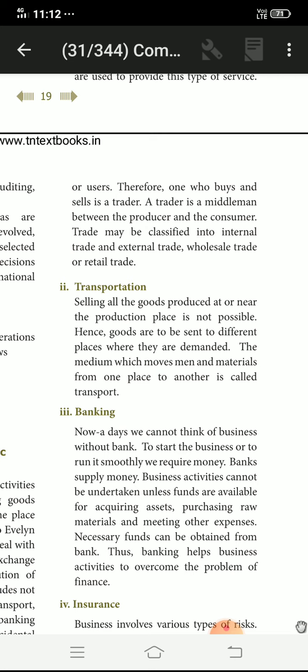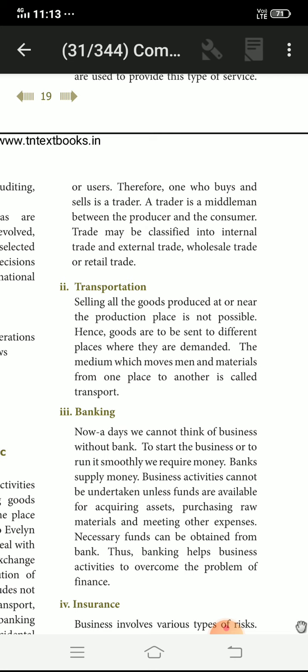The retailers know the taste, preference, choice, demand, and the availability of money with the customers. They also know the needs of the customers. So they are very much in link with the customers, very close to them, and they pass on these messages to the wholesalers, and the wholesalers in turn pass on the message to the producer.